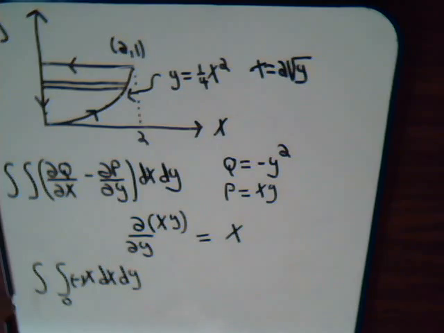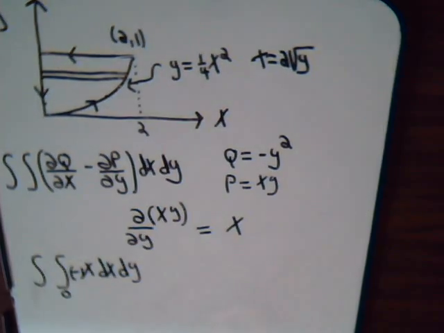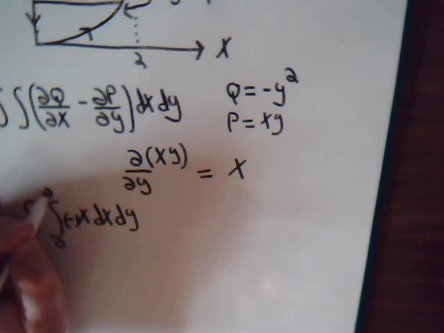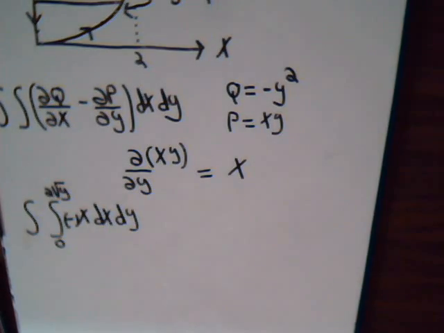That's x, going from here out to this curve. So here, x goes from 0 to 2 times the square root of y.